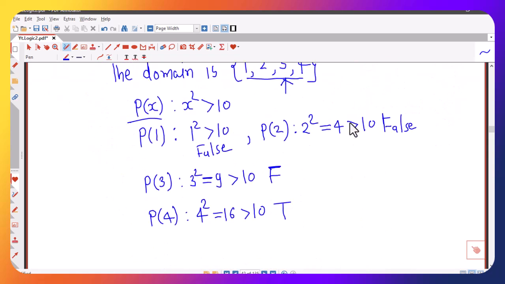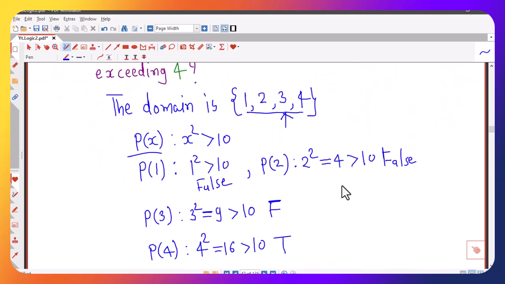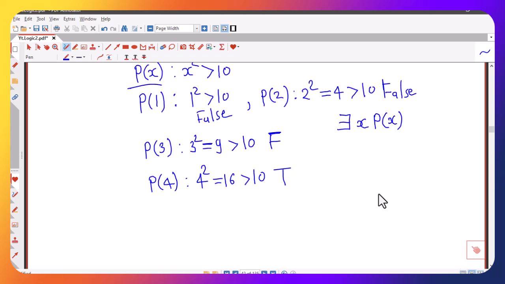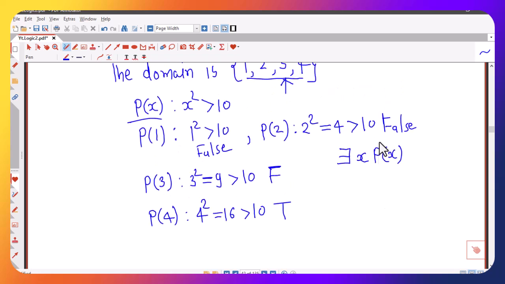You can observe that we can write this, there exists x such that p(x), as nothing but the disjunction of these 4 statements, which are p(1) or p(2) or p(3) or p(4).